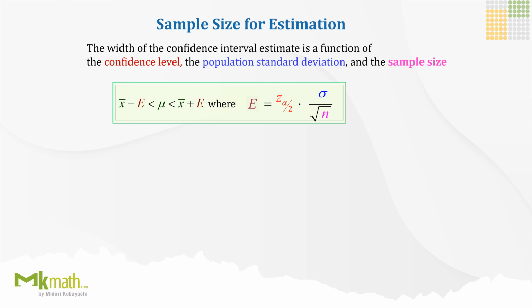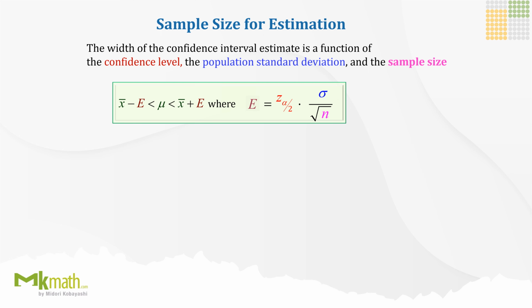Here are the formulas to construct a confidence interval, where E stands for the margin of error, which is a range of values below and above the sample average. The width of a confidence interval is a function of the confidence level, the standard deviation, and the sample size.